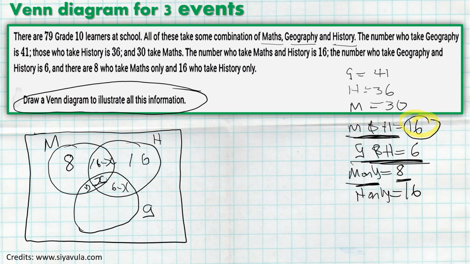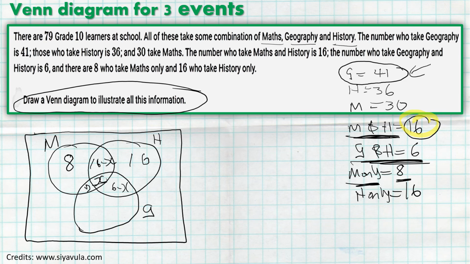Geography only, were we told? No, we were not told, right? So how can we do this? To get this one, you can go and check what is the total for the whole circle for geography. The total is 41.